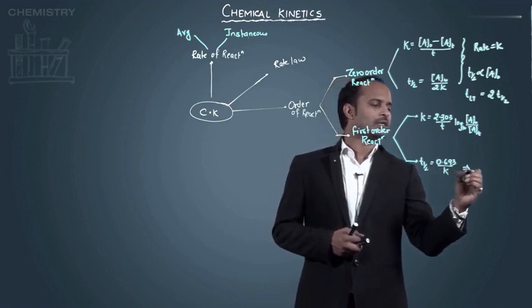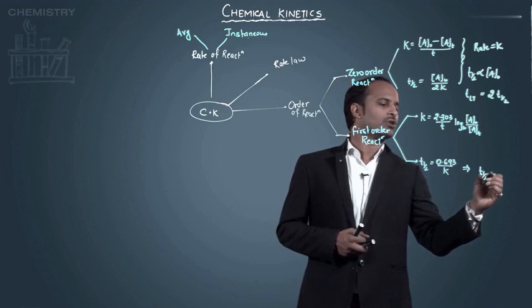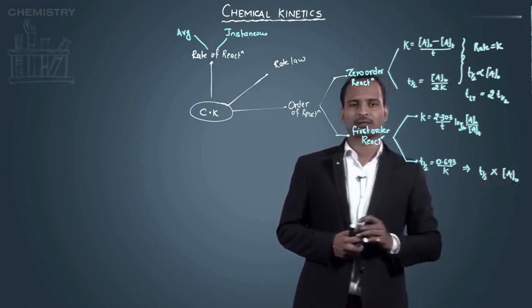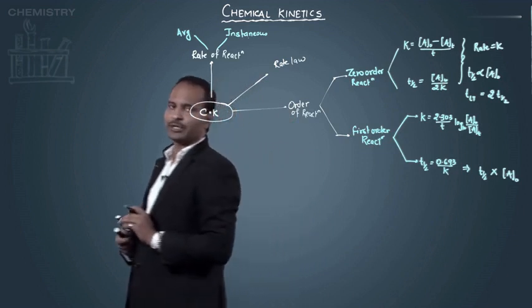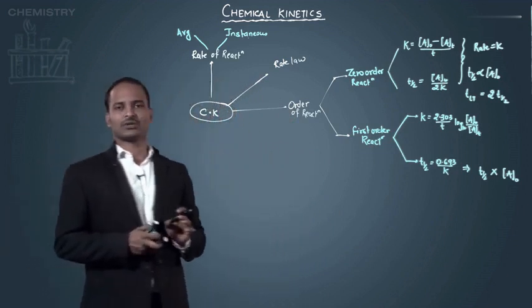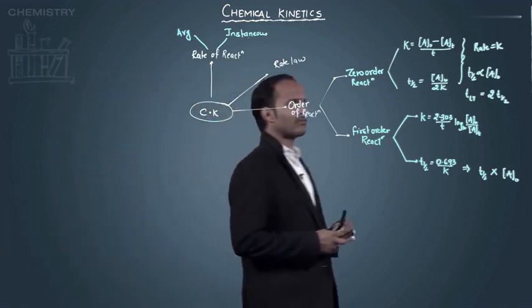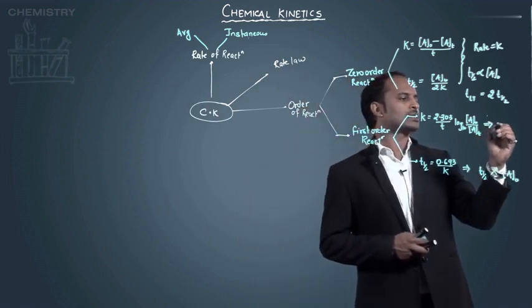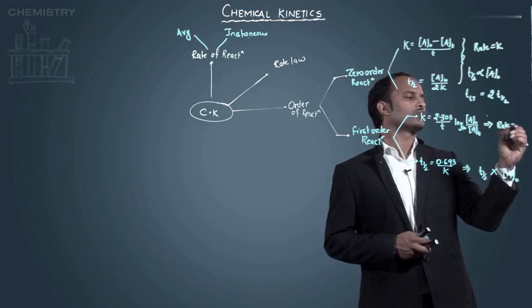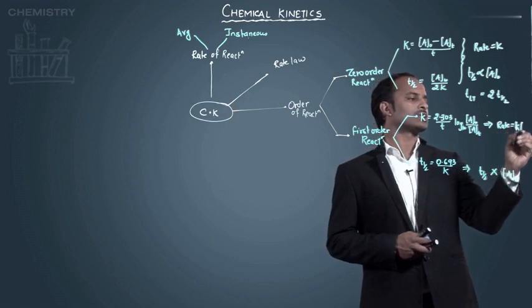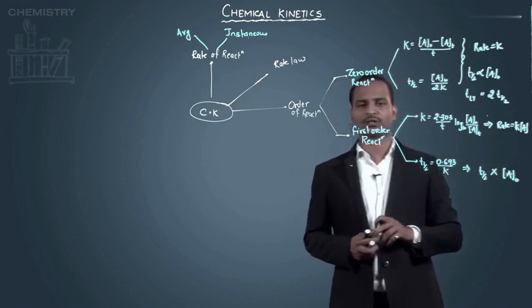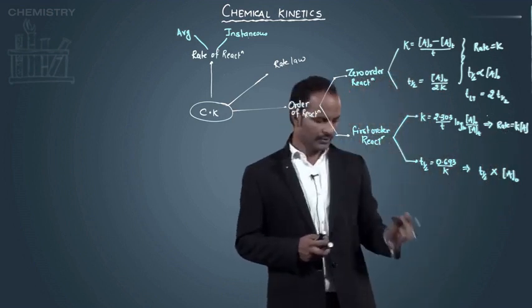From the formula, we can say that t half does not depend on the initial concentration of reactant. So the half-life period of a first order reaction does not depend on the initial concentration. Here rate = K[A], that is, the rate of reaction is directly proportional to the concentration of a single reactant with power 1.